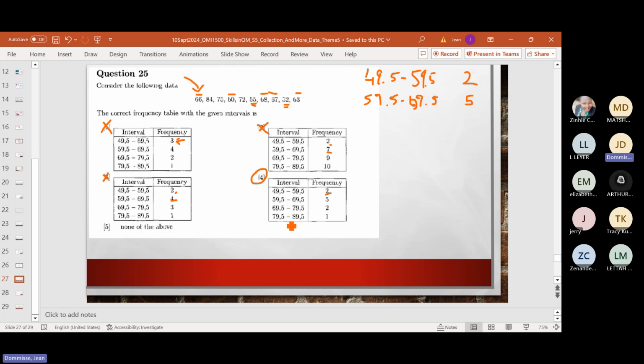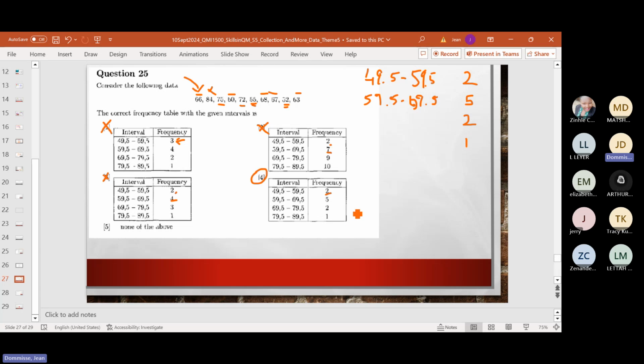Then you could have gone, say, 69.5 to 79. There's 1, there's 2, and then 1 between 79.5 and 89.5. So you would then see that option 4 is the correct one.